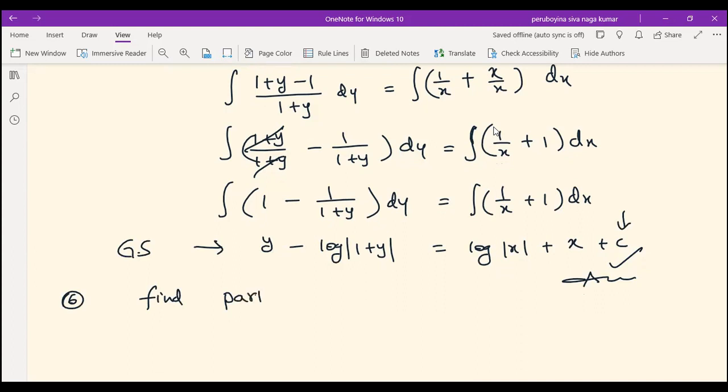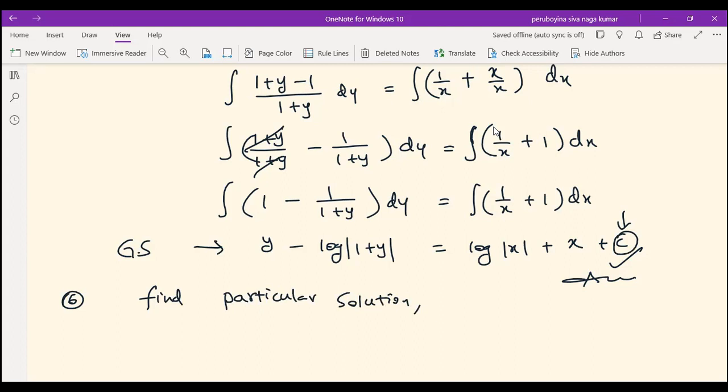So now the next question is particular solution. What is meant by particular solution? Particular solution means we fix this constant C value, we decide the C value. So that's why it is called particular solution.